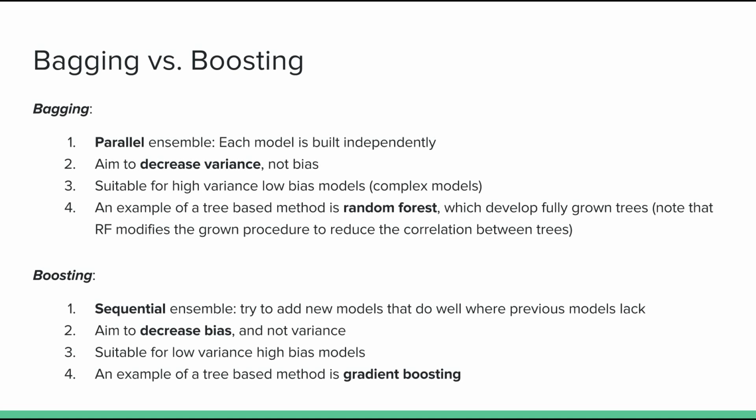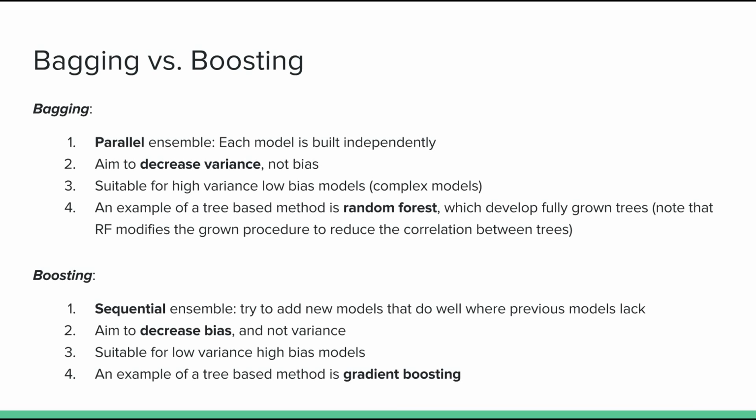So here we see a comparison between the two. An ensemble consists of a lot of models taken together to make a prediction. In bagging, each model is built independently, whereas in boosting, it follows a sequential manner.